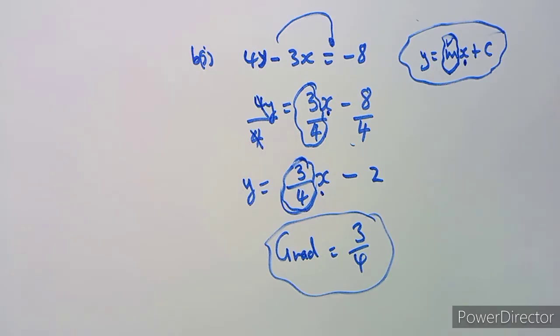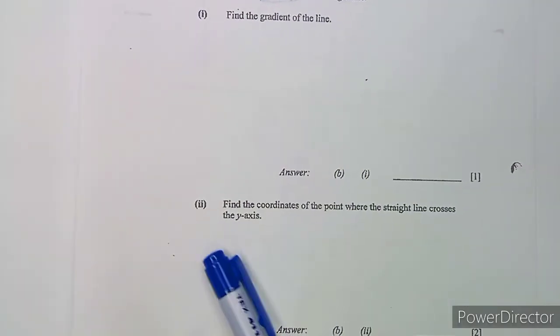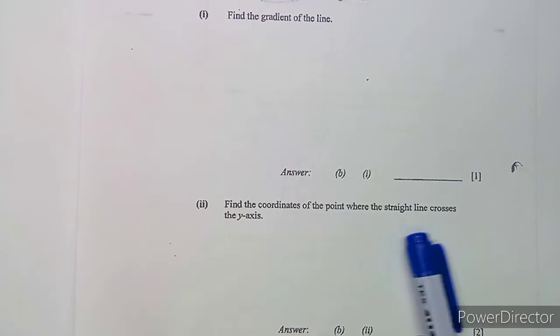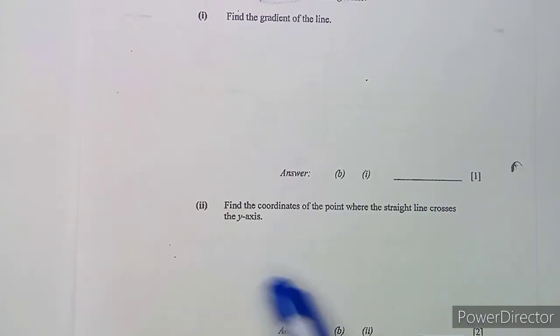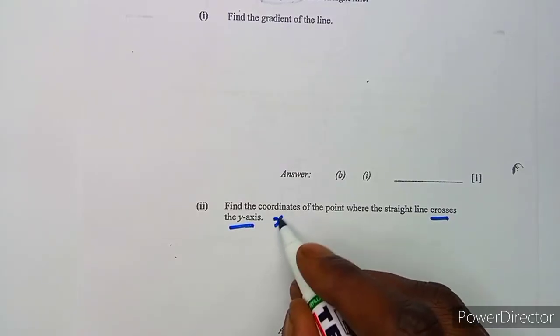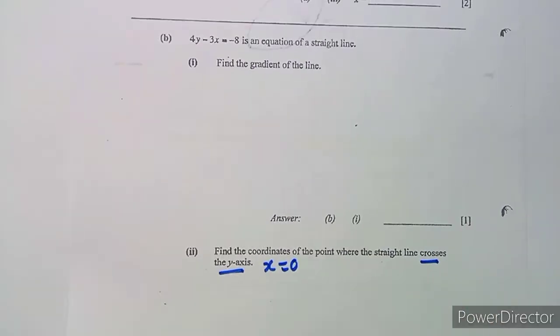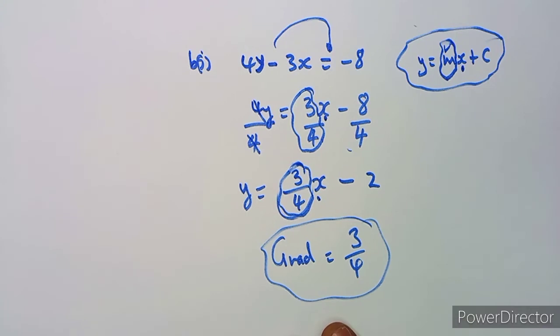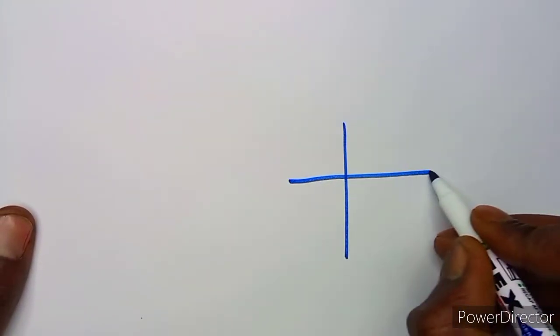So that's simply the gradient of the line, and now you are asked to find the coordinates of the point where the straight line crosses the y-axis. Whenever the line crosses the y-axis, it means x is equal to 0. That is your y-intercept. Guys, you may have to revise this part.